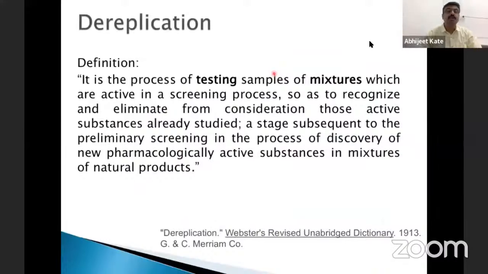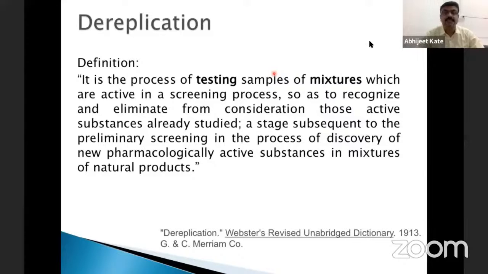Okay, this is a simple definition which I have brought from the dictionary for dereplication, which I have already explained to you, but it is clearly mentioned that it is a process of testing the samples of nature which are active in the screening process to recognize and eliminate them from consideration, right? If they are already studied by someone else.